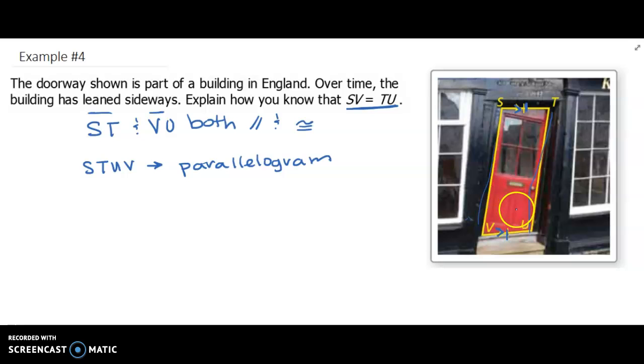I have one pair of opposite sides that are both parallel and congruent. Well, if this is a parallelogram, then I know that SV has to equal TU by the parallelogram opposite sides theorem. That's one of the properties of a parallelogram: opposite sides are congruent.